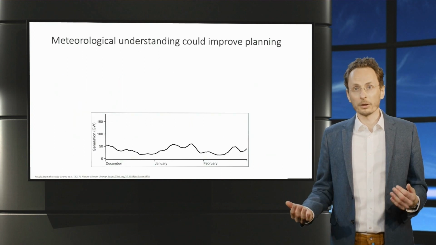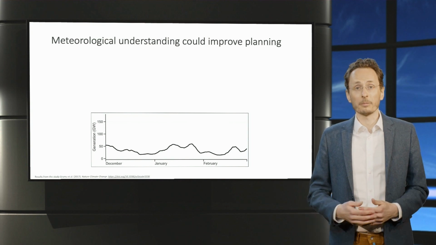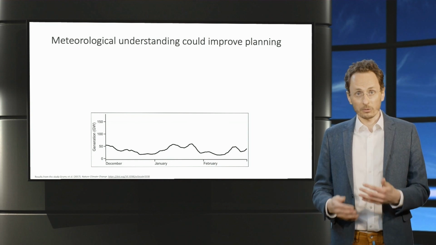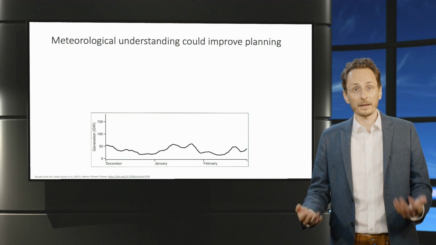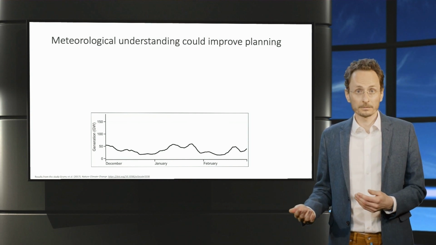There's a lot of research around the world on better understanding and forecasting the variability of renewable generation. Better understanding of these spatial patterns of variability could already be taken into consideration in the planning stage. For example, when deciding where to build new wind farms.